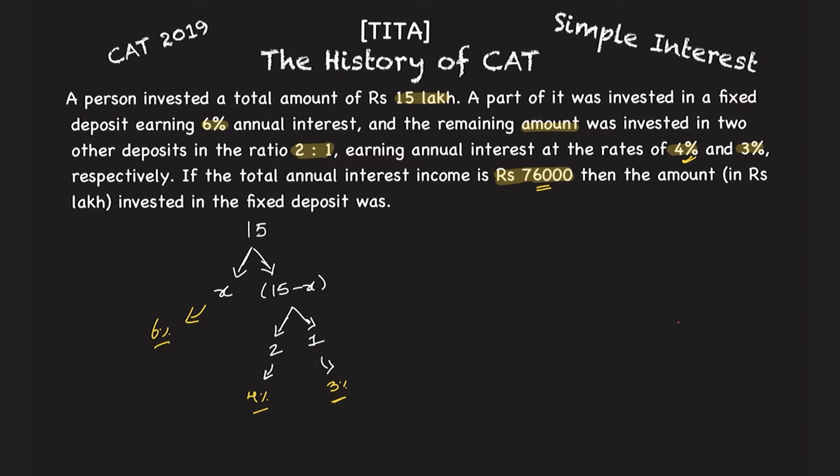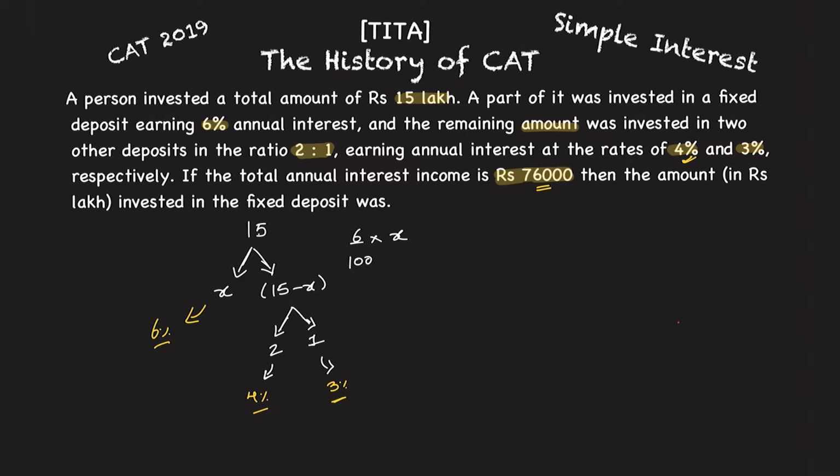So what is the equation that I can make out of this? This is X, correct? Now I need 6% of X. So 6% of X will be 6 divided by 100 of X. That is the interest earned from this.